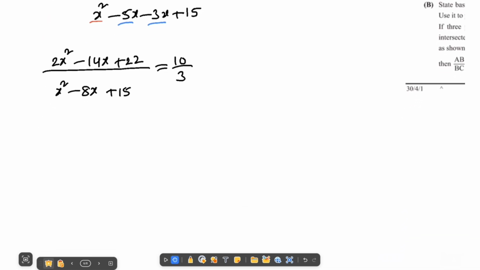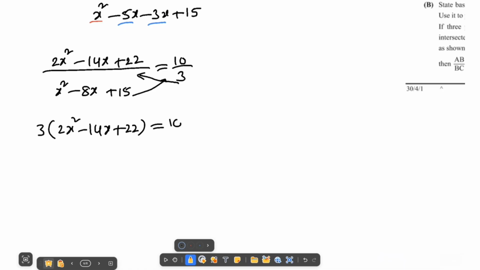Now cross multiply the terms. That means bring this 3 to the left side. So we have to multiply with this numerator and send this denominator to the right side and multiply with the 10. So now the equation becomes like this: 3 of (2x square minus 14x plus 22) equals 10 of (x square minus 8x plus 15).